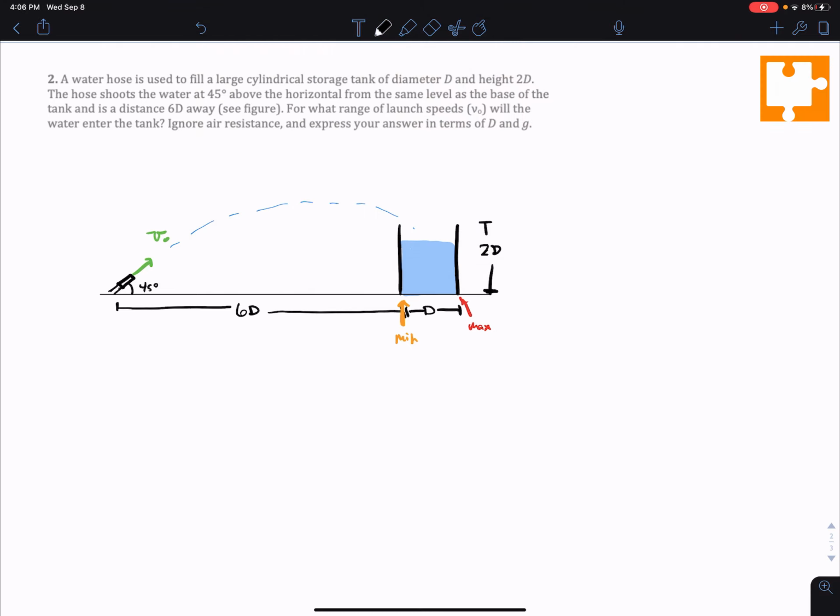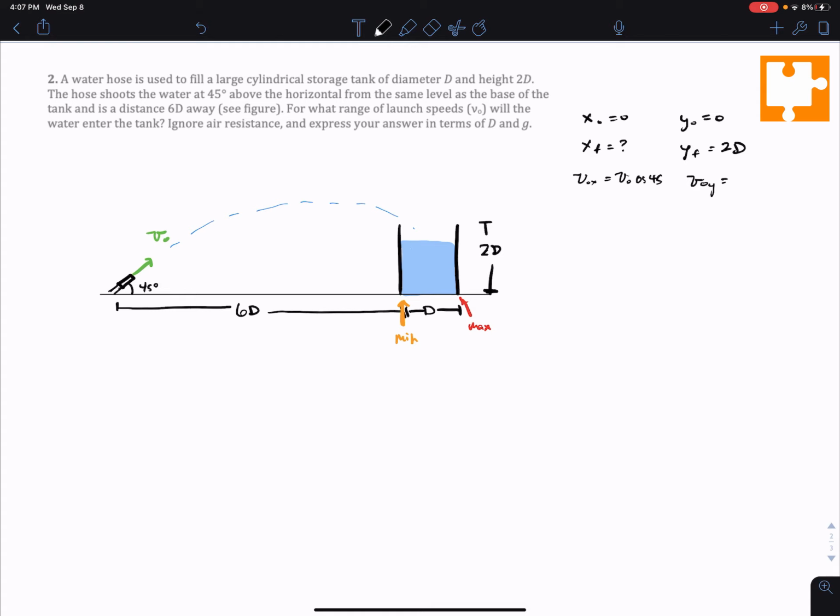So we have some values that we know. We can write them down over here. So we know, like when we have x naught and y naught, these are both equal to 0. We know that x final, that's what we're looking for. Y final, that's going to need to be 2D. Then we know that our x and y velocities, so v initial x, is going to be v naught cosine 45.